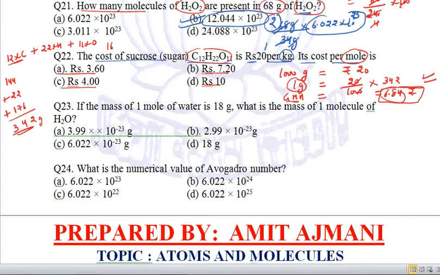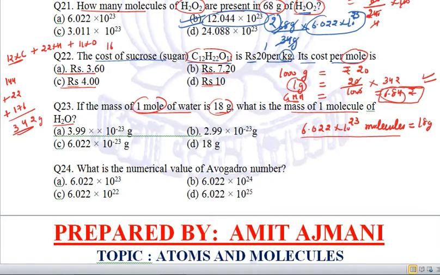Coming to the next question. If the mass of 1 mole of water is 18 gram, then what is the mass of 1 molecule of water? Quite simple. We know that in 1 mole there are 6.022 into 10 to the power 23 molecules. So in the question it is given that the mass of 1 mole, that is 6.022 into 10 to the power 23 molecules, is 18 grams.